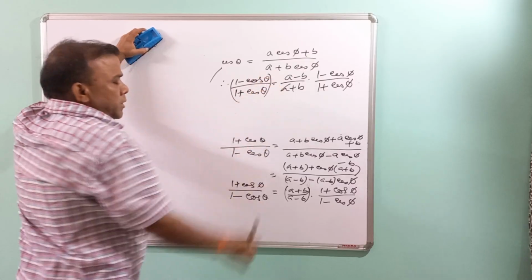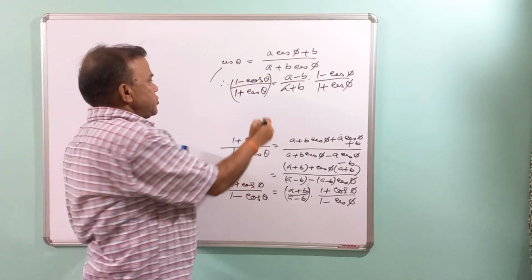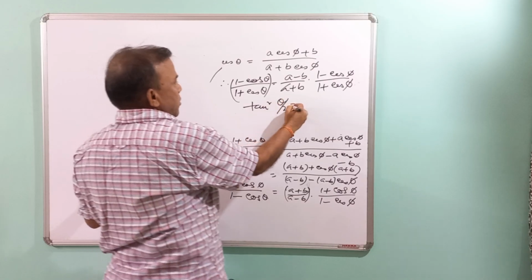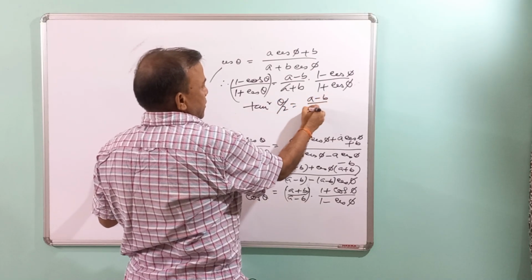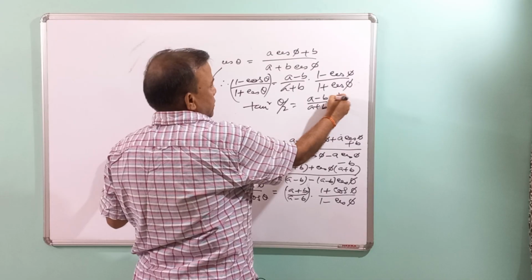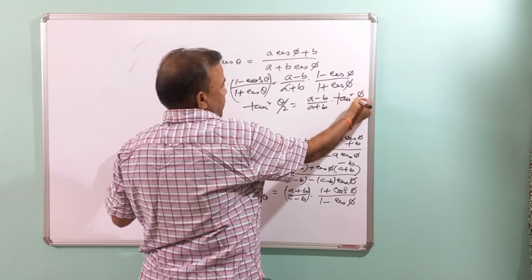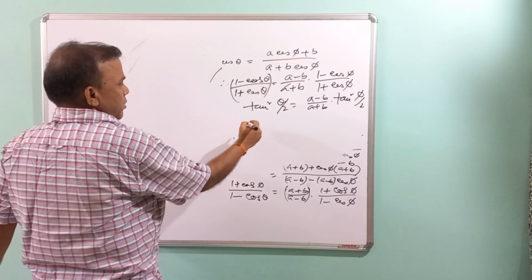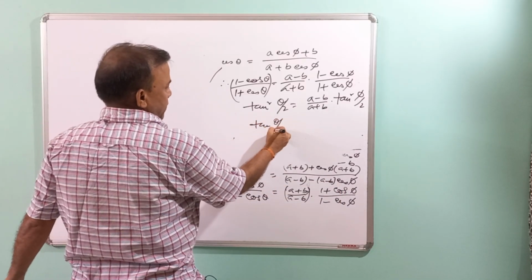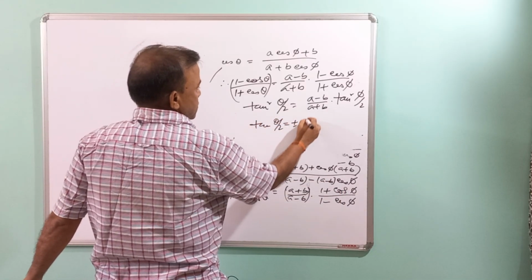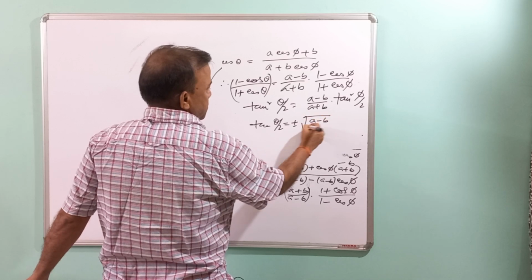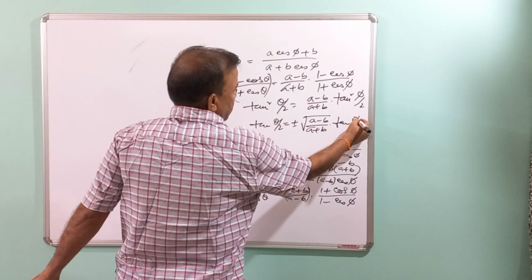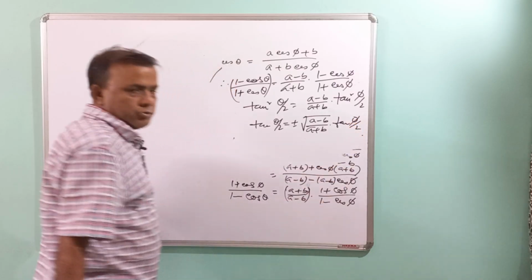Formula of (1 minus cos theta) by (1 plus cos theta) is tan square theta by 2. Similarly, it will be tan square phi by 2. Taking square root, tan theta by 2 equals plus minus root under (a minus b) by (a plus b) into tan phi by 2. Very easy to solve.